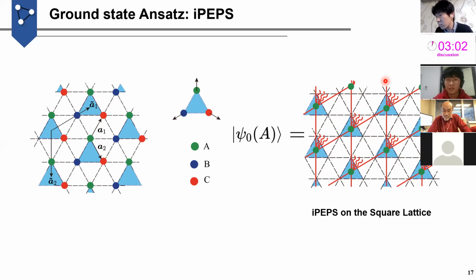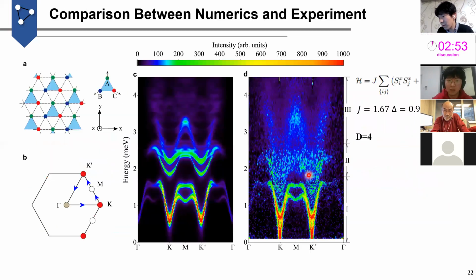Could you show me again the S(Q, omega) in the low energy region? In the low energy regions, you mean this one? Yeah. So in this figure, the experimental data showed a very strong peak around the K and K prime points around zero energy.